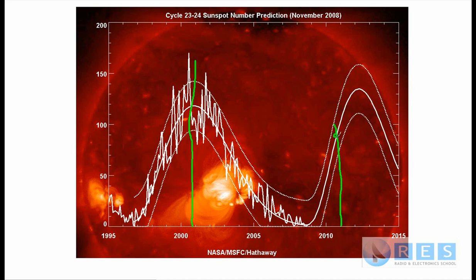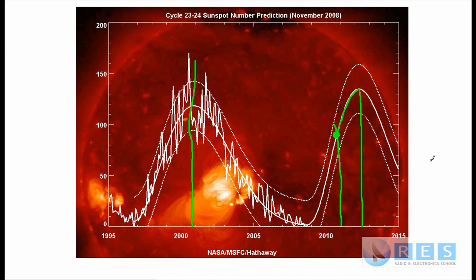So this is the prediction. This is the possible variation in the prediction, but this is the prediction here. So you can see that we're well on our way at the moment to reaching a predicted peak in sunspot activity around about, what's that? 2013, maybe the end of 2012, we're expecting a sunspot peak, and then it drops off again.